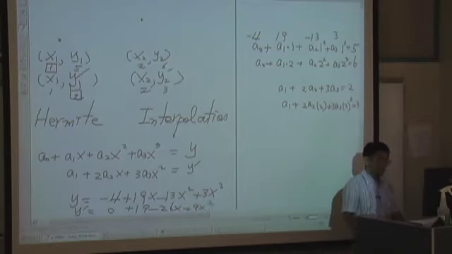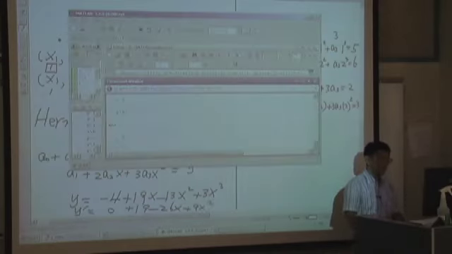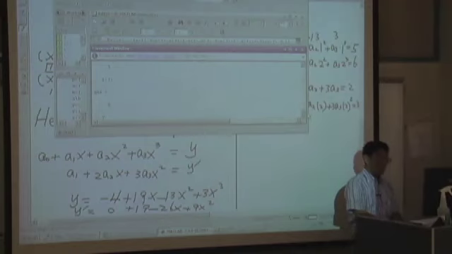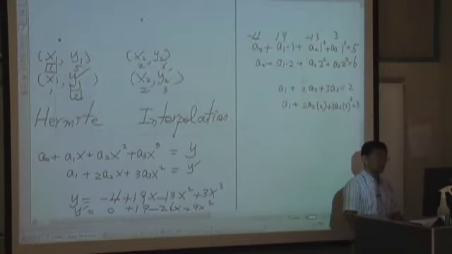So I will implement y derivative, right? So the y derivative function equals 19 minus 26 times x plus 9 times x squared. And then y derivative of 1 is 2, y derivative of 2 is 3, right?